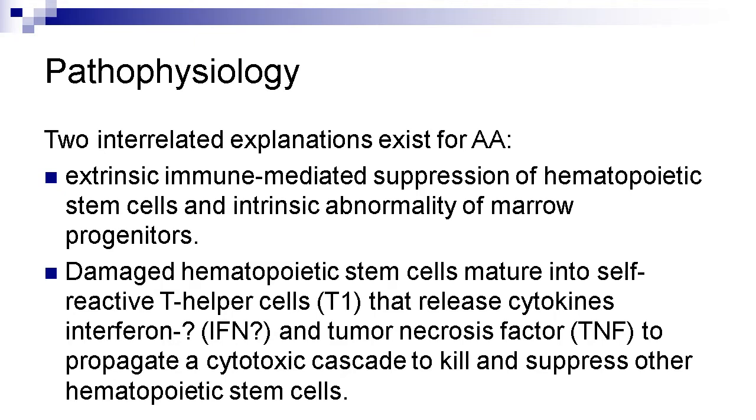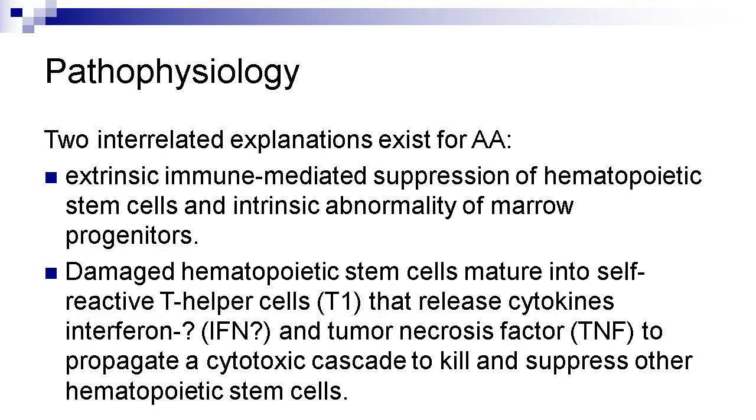There are two mechanisms behind the pathophysiology, or two explanations, for aplastic anemia. One of them is the extrinsic immune-mediated suppression of hematopoietic stem cells, and the other is an intrinsic abnormality of bone marrow progenitors.